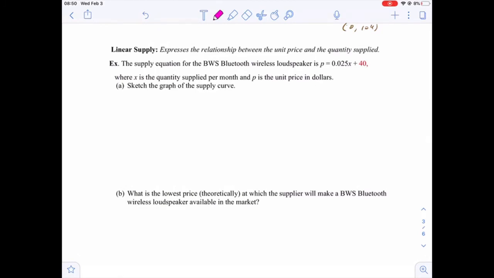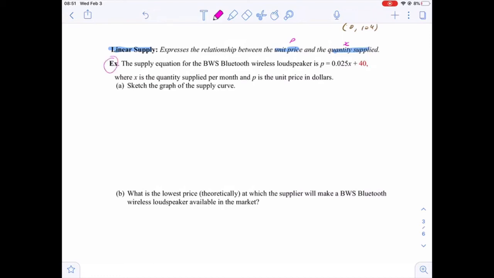Now another related example: the linear supply function that expresses the relationship between the unit price, little p, and the quantity supplied, x. So let's take an example.